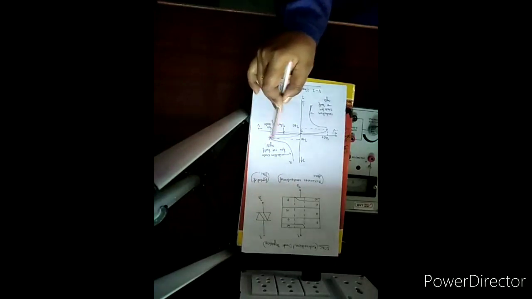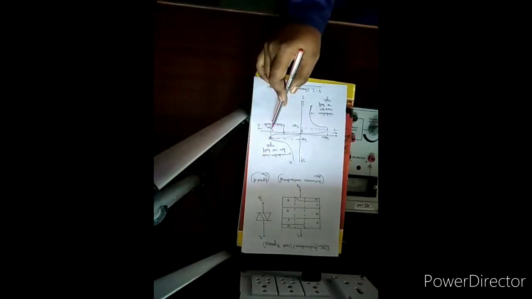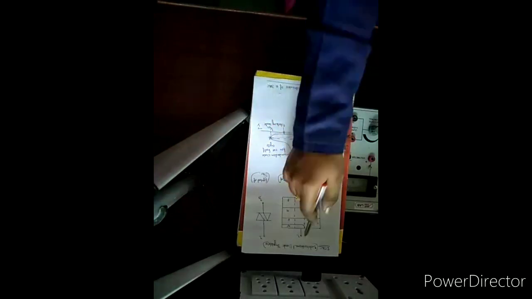When T1 is positive with respect to T2, and the voltage between T1 and T2 exceeds the breakover voltage, then the PN junction conducts. It means that after breaking the depletion layer, current is flowing through it.